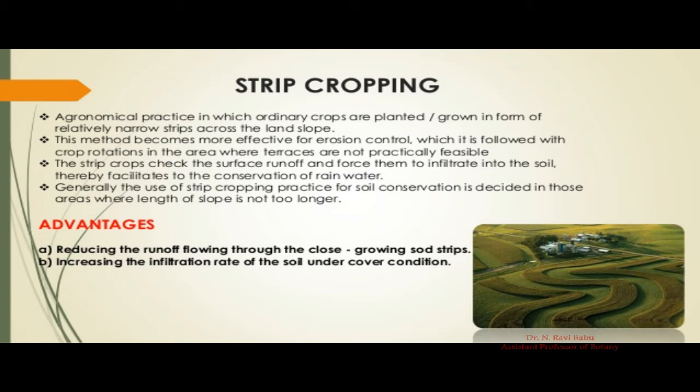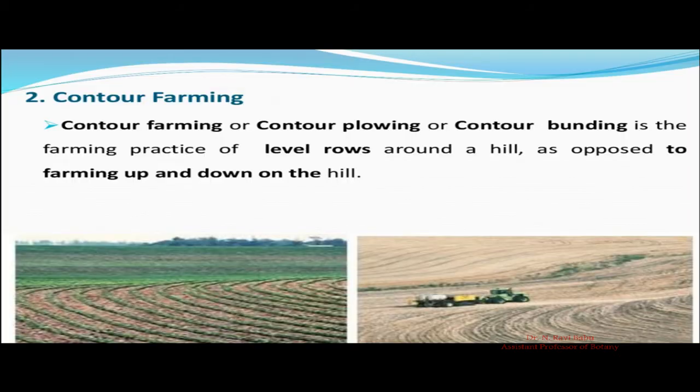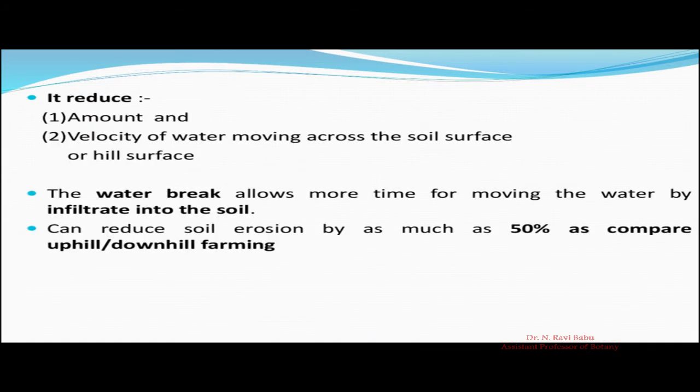And number one, contour strip cropping. The crops are grown at right angles to the natural slope of the land.